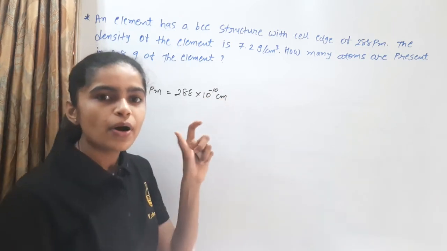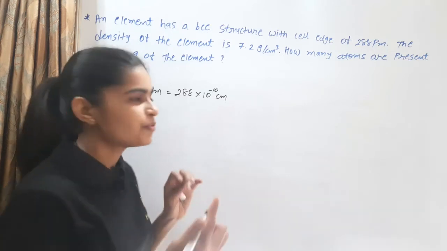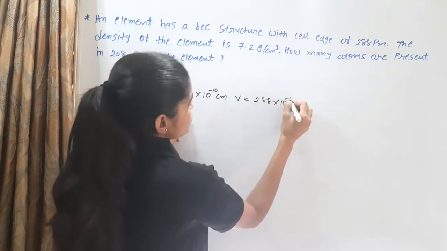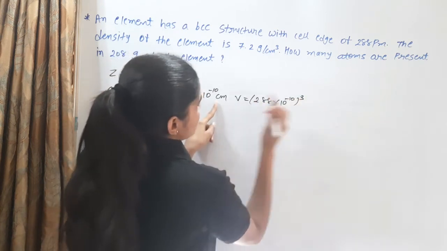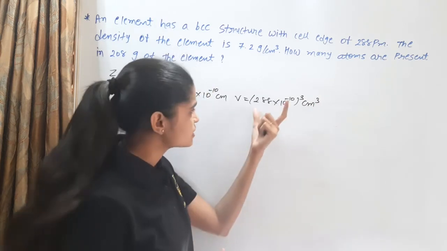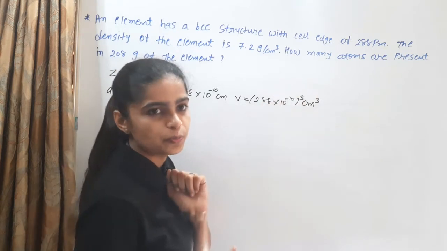We know a into a into a is a cube, so volume V is 288 into 10 raised to minus 10 cube, centimeter cube.